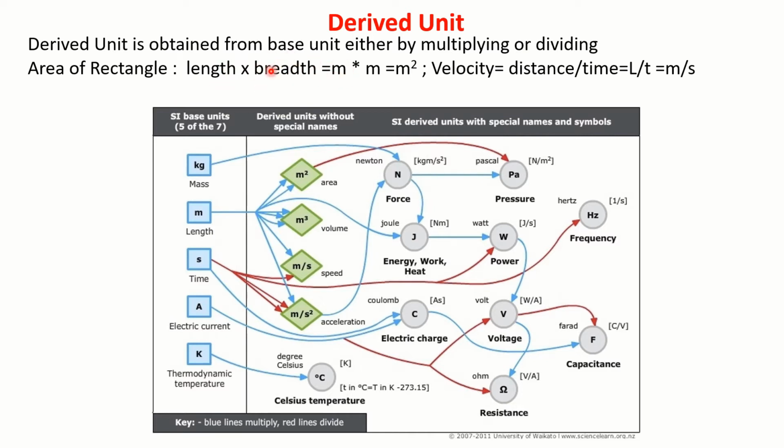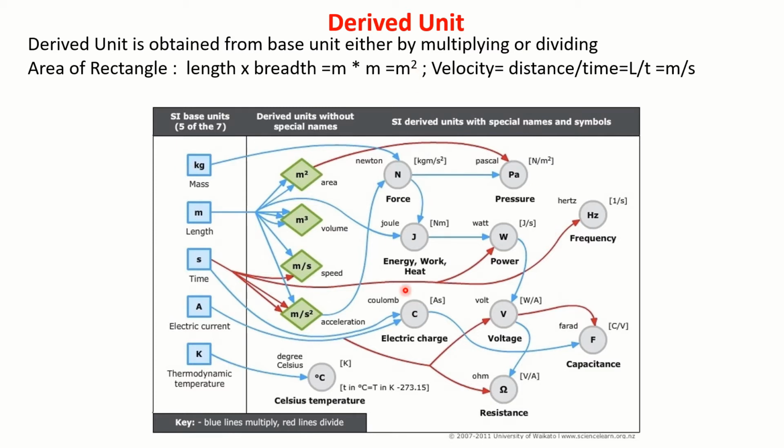Unit of breadth is also meter, so meter into meter, meter square. Suppose the unit of velocity, if you take the distance divided by time, distance unit is L, time is designated by T, L by T, that is meter by second. Meter by second is a derived unit, meter square is a derived unit.